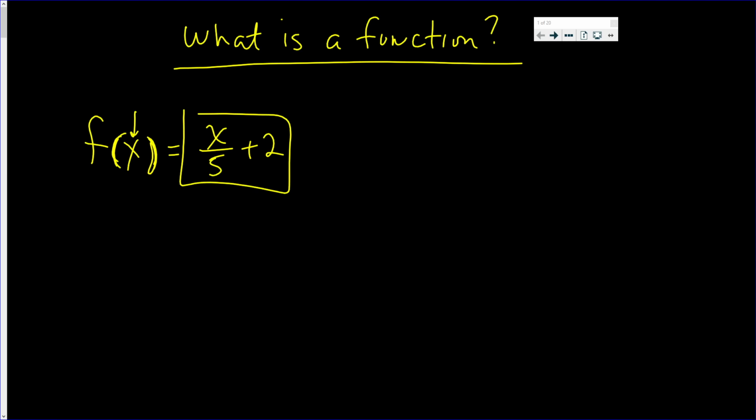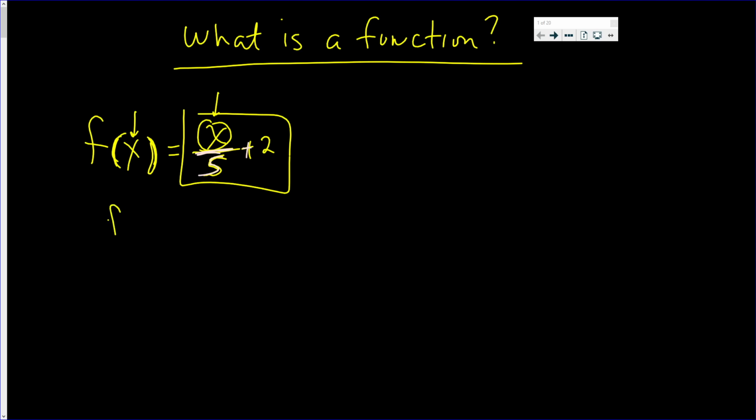What does f do to what's in the brackets? It takes what's in the brackets, it divides it by 5, and then it adds 2. If you can say in words what the function does, that's really good.